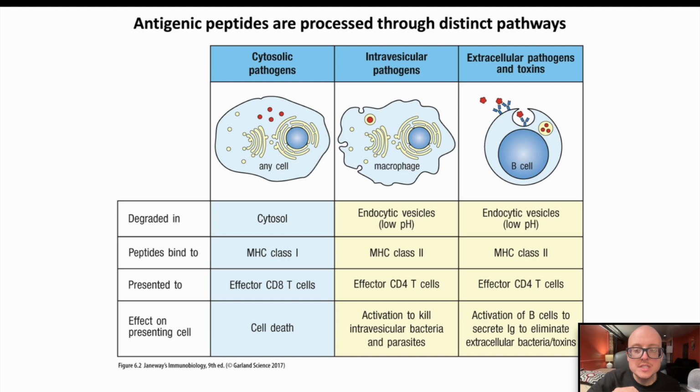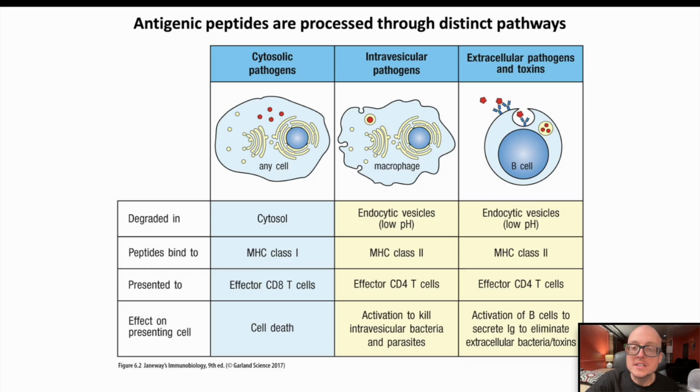And instead of their antigens being presented on MHC class 1, these types of antigens tend to be presented on MHC class 2, which means that they are presented to helper CD4 T cells. And CD4 T cells, as you may remember, instead of killing their targets, mostly have an effector mechanism that is the production of cytokines, which activate and unlock other effector mechanisms in other cell types in the environment.